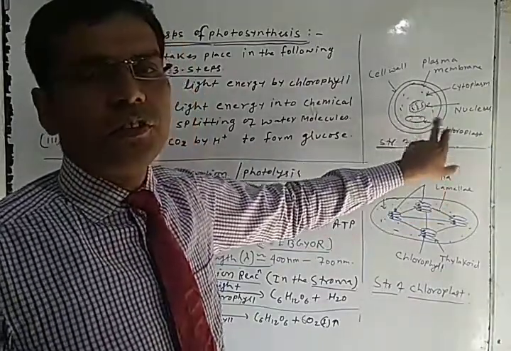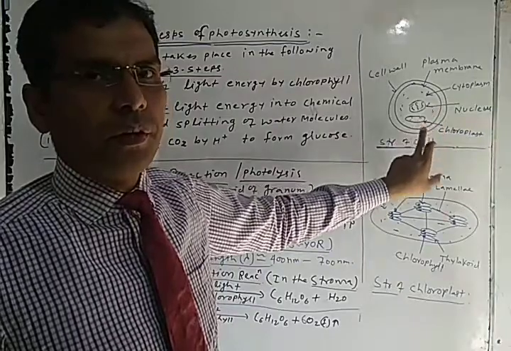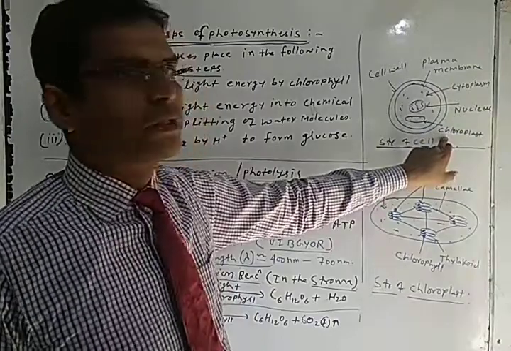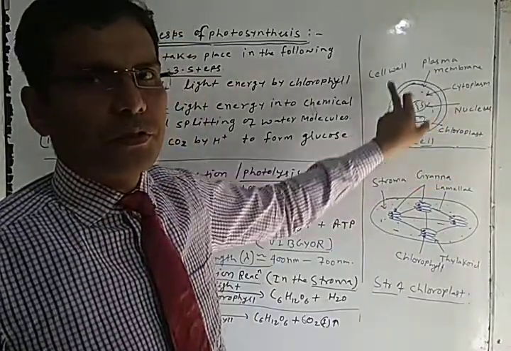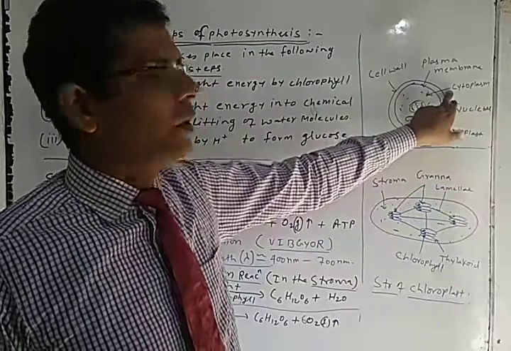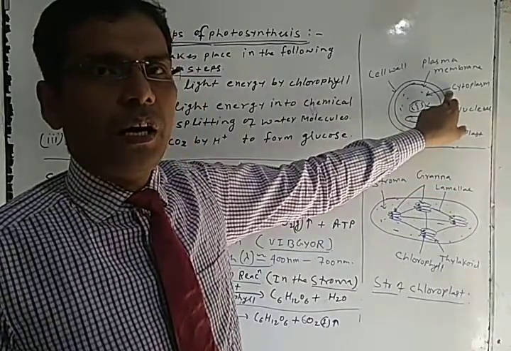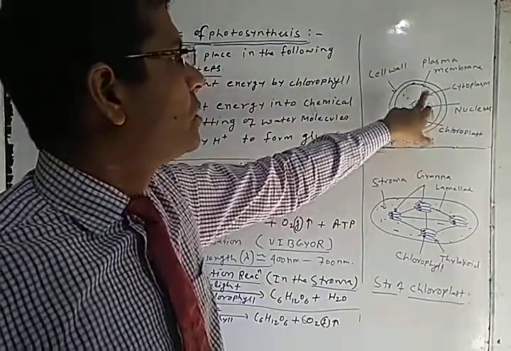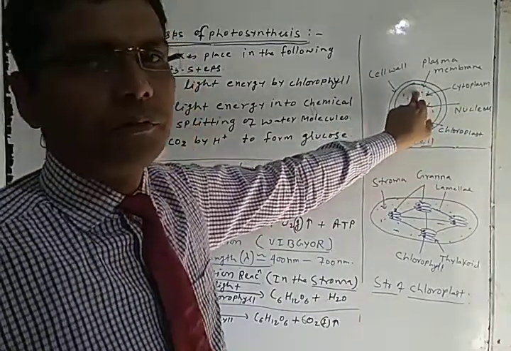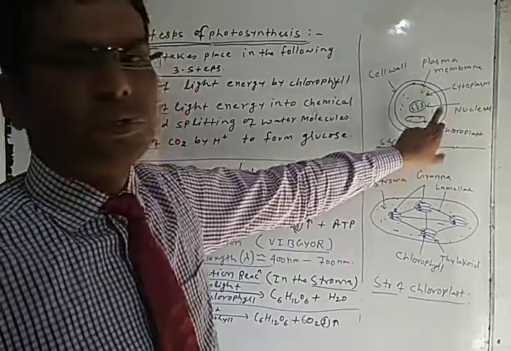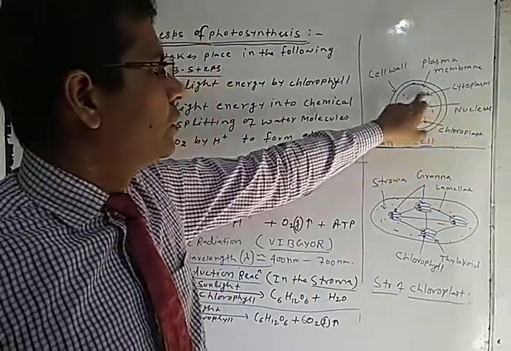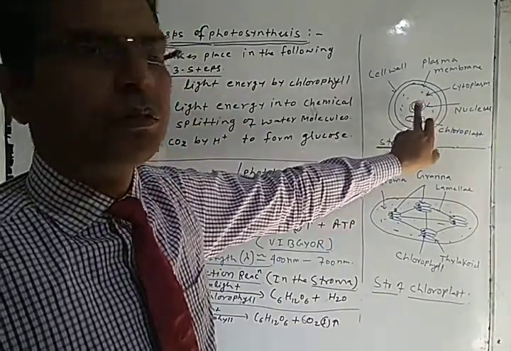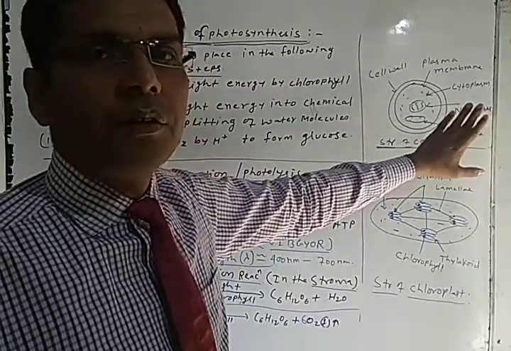As you know, each and every cell is bounded by a plasma membrane, but in case of plants the plasma membrane is covered by a rigid and hard covering called cell wall. Within the plasma membrane, there is a fluid-like structure called cytoplasm. In the cytoplasm, a nucleus is present, and there are many cell organelles present.